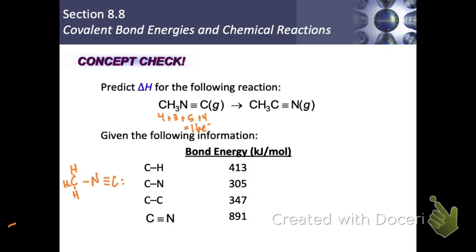Is there a formal charge on either of these? Rethink that. Which one would have a +1? No. Carbon, let's think about it again. How many electrons does carbon contribute? 4. And how many does it have directly around it? So what's its charge?